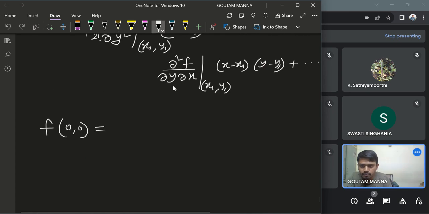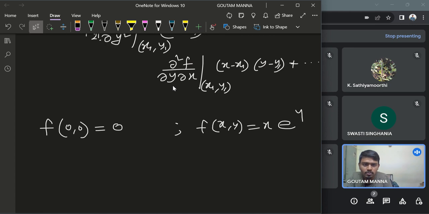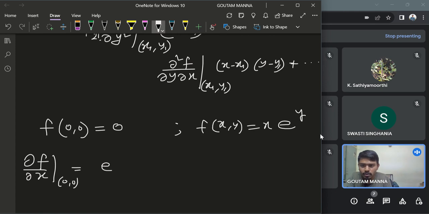Then del f del x at point 0 0: del f del x of x e to the power y is e to the power y, at 0 0 this is 1.